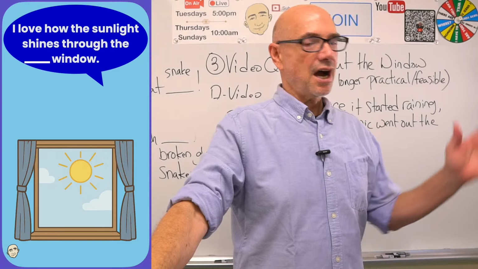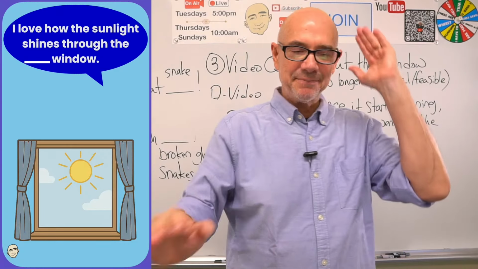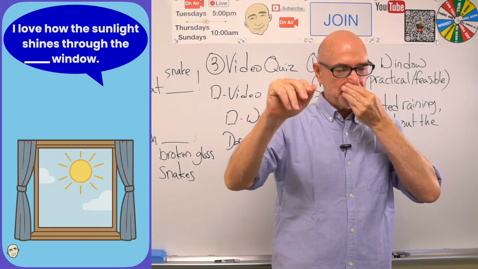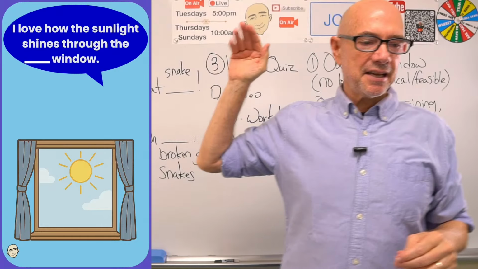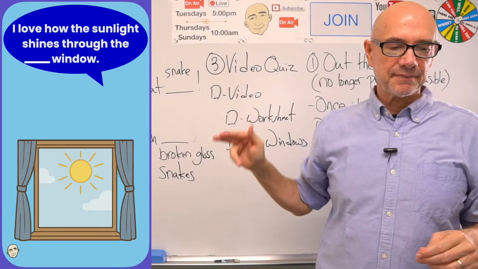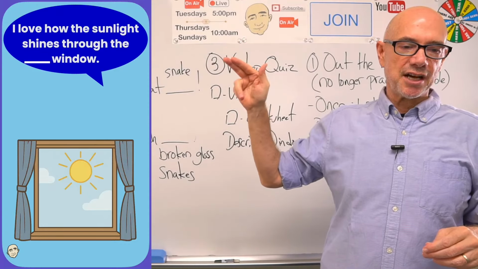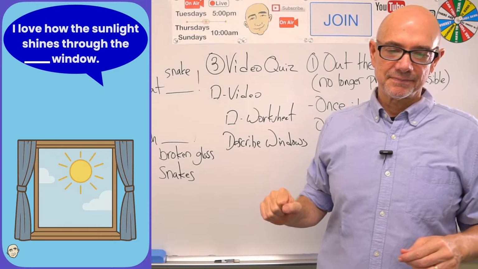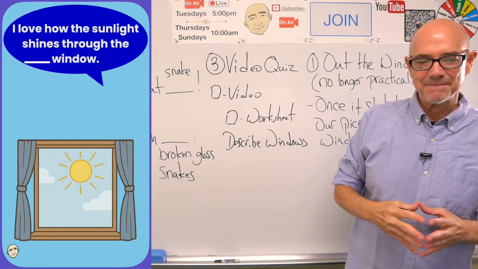Oh, I'm wrong. Maybe this is the last one. I don't know. I'm not counting. There's 10. Here we go. Next sentence. I love how the sunlight shines through the window. Okay, Helga.